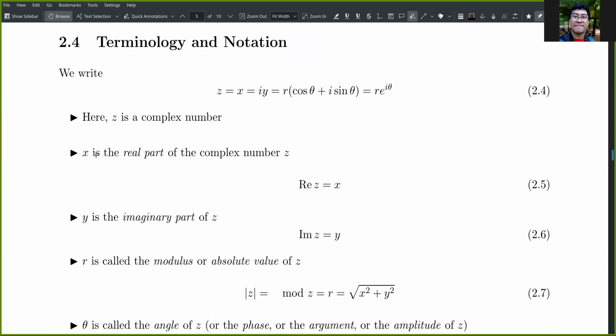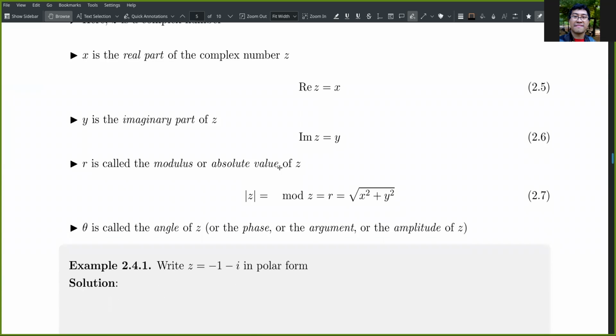Now let's proceed to the next section. We typically call a complex number z, and this is equal to x plus iy, equals r times cosine theta plus i sine theta, or r times e to the power of i theta. x is the real part, which we call Re of z, and the imaginary part of z is y, Im of z. r is called the modulus, or the absolute value of z, denoted by mod z, which is the square root of x squared plus y squared.